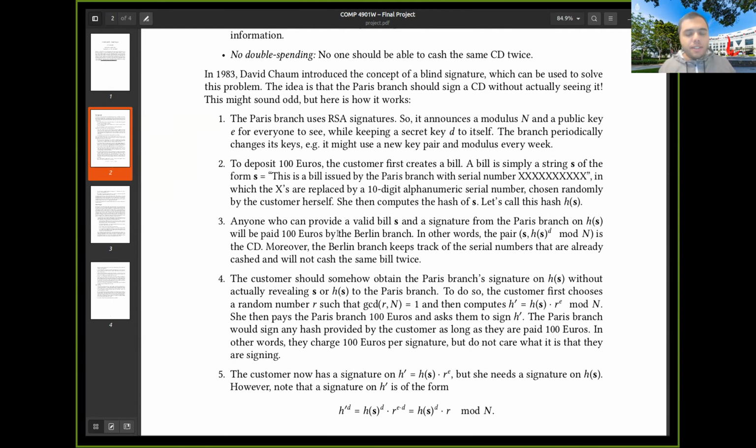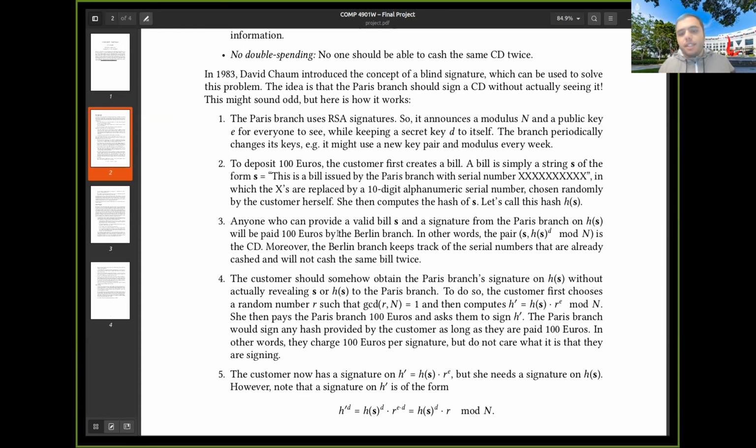Everyone can know that a person with this particular public key or this particular identity sent this much money to someone else with this other identity. Completely transparent and public on the Bitcoin blockchain and also on the Ethereum blockchain.